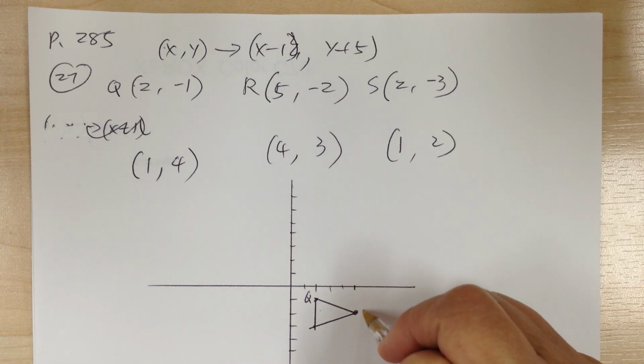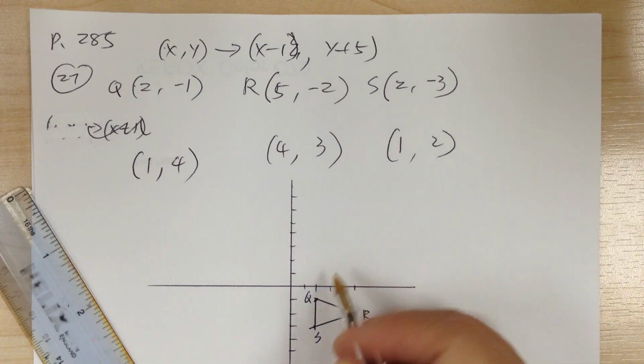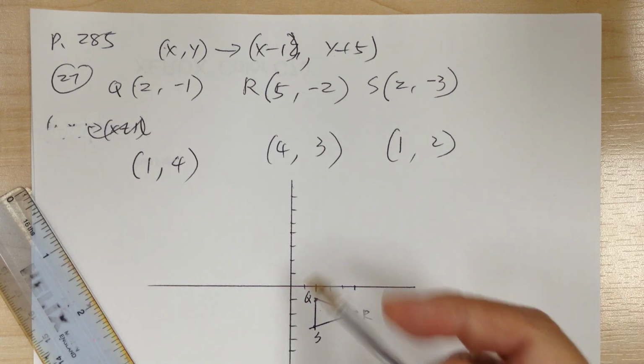So you got Q, R, S. So you move 1 over and up 5.